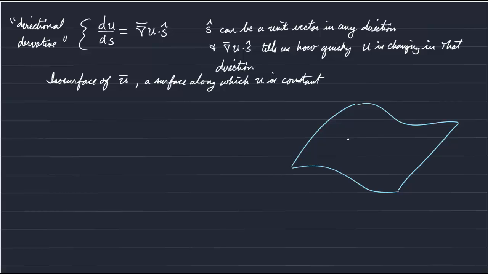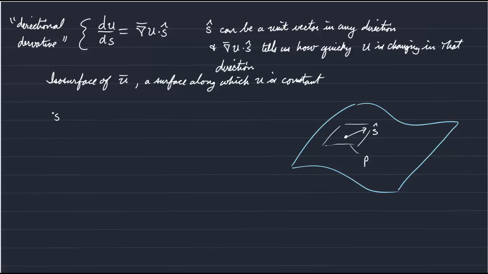And say we look at a point P on the surface. And let's look at how quickly U is changing in a direction S that is on a plane that's tangent to the surface.